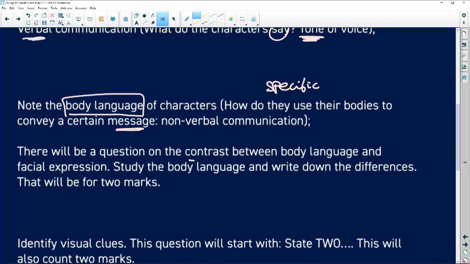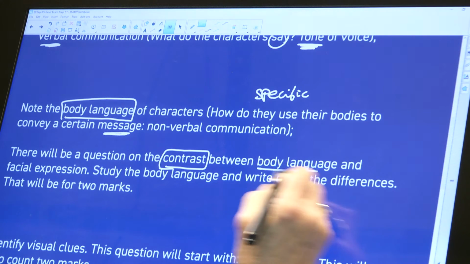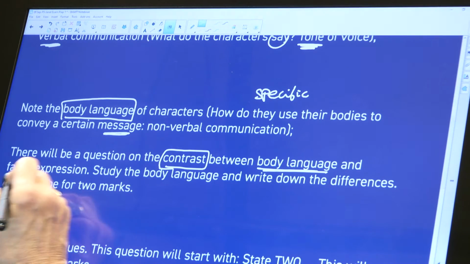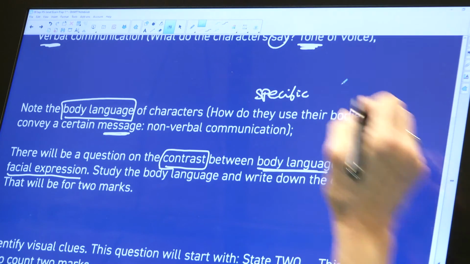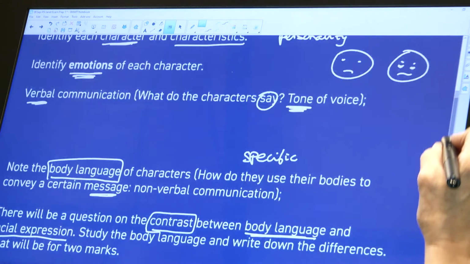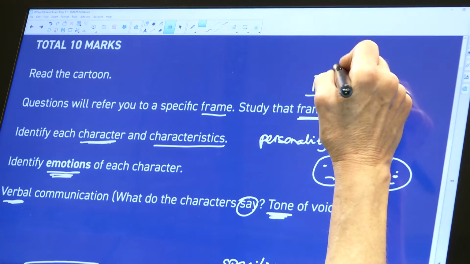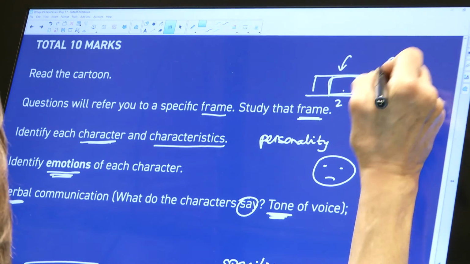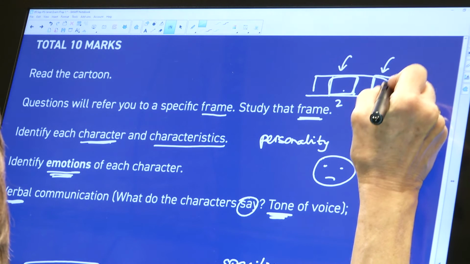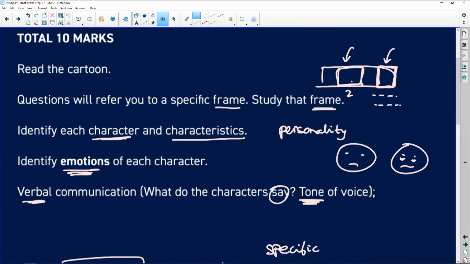And you might get a question, usually there is a question, on what does the body language tell you? What does the facial expression tell you? Now, what they usually do, if I go back to my frames, they say, look at the body language and the facial expression in this frame, then contrast the body language and the facial expression in that frame.